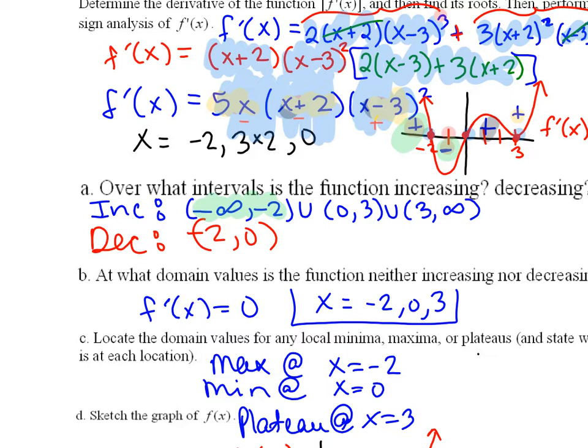We have a negative between negative 2 and 0, so that's why we put a decreasing right there. And then we have an increasing from 0 to infinity, not including 3, which is why we still have to separate them. Very often you might be tempted to write down 0 to infinity, but that includes 3, and given that at 3 the derivative is 0, that would be an illegal move.